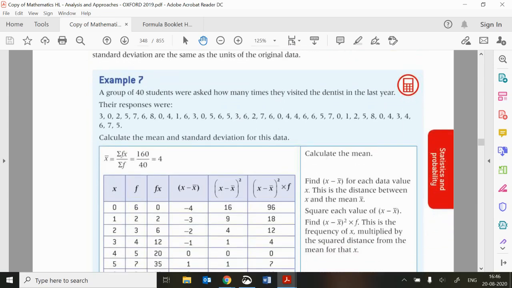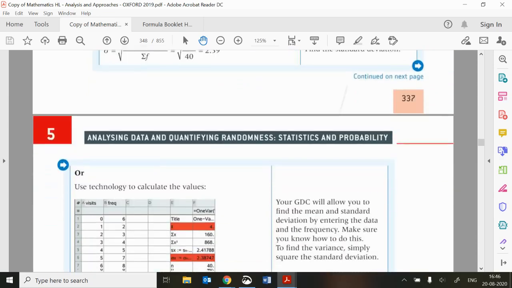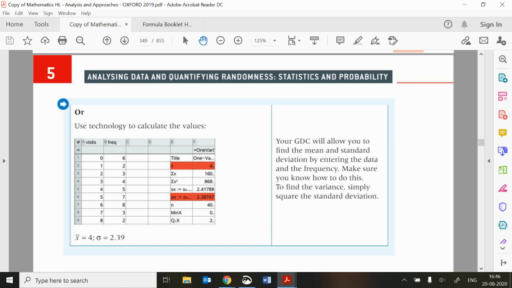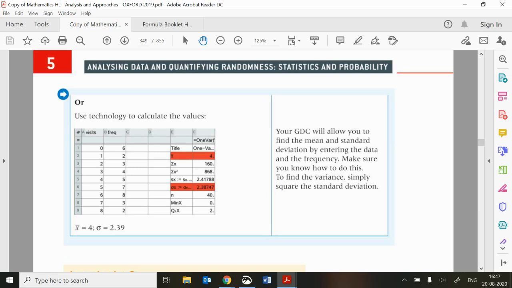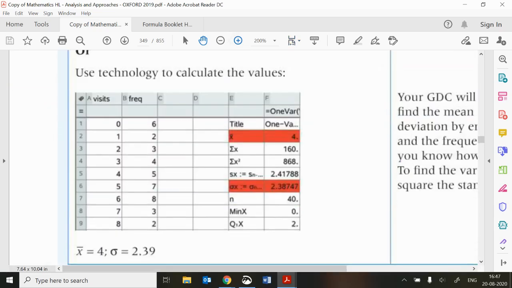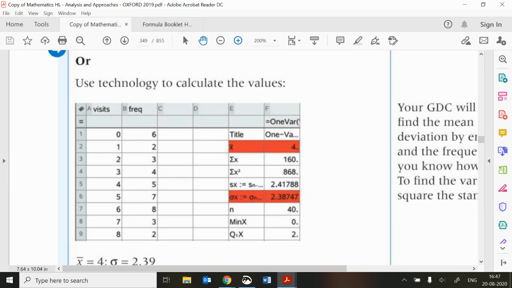Okay, now there's an example 7, which you can have a go at. And they're also giving you an example of this through technology. And you'll notice here that they're picking on sigma x and not sx, because you'll see that in sx, when you're going through the table, just zoom in a little bit here. You can see that above the red block that they've come up with, there's sx, and you'll see that that says s n minus 1.